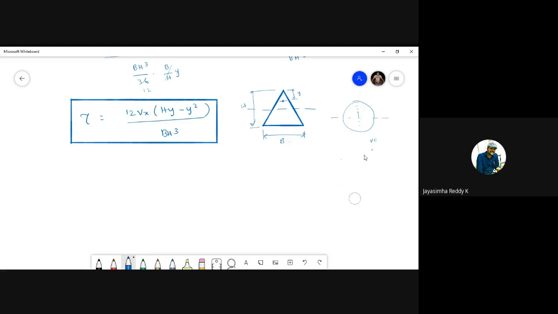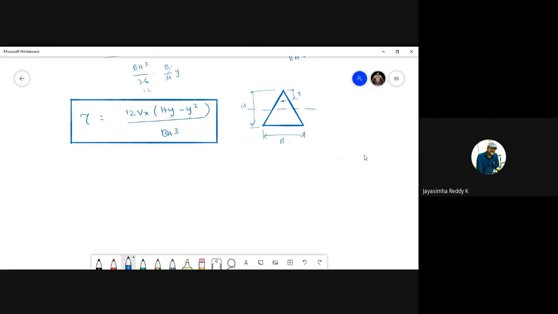But if you observe this triangle equation, students, all of you carefully see this triangle equation. There are two y terms here. So hy minus y square, we cannot simplify this, and the variable is attached to another constant value. So h is constant, but the variable is linked to this constant value here.